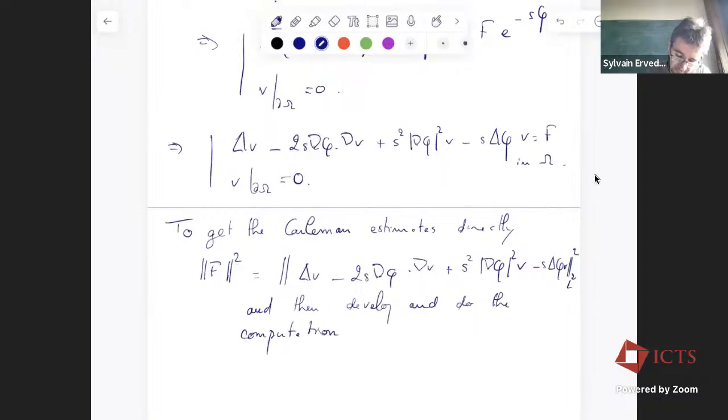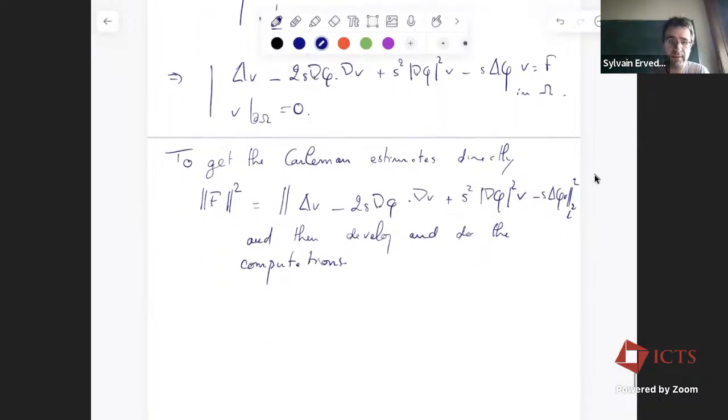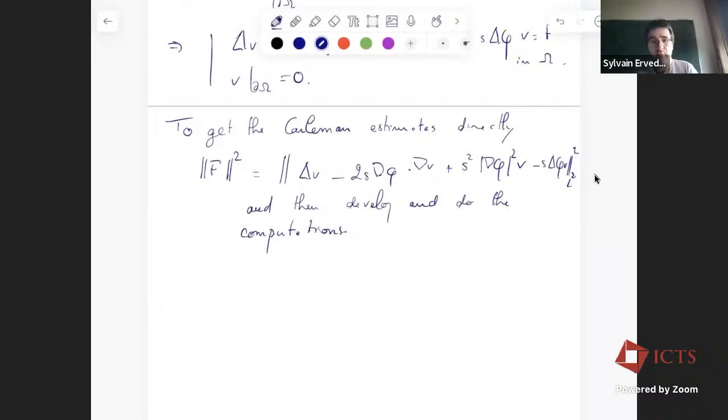So this is more or less the idea. Well, in fact, it's slightly more involved than that. So what we will do to develop is to separate the self-adjoint part and the skew-adjoint part.